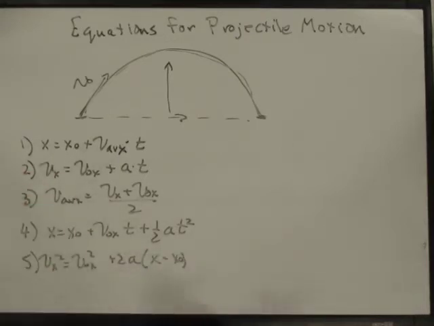So these were the 5 equations for horizontal motion of a projectile.